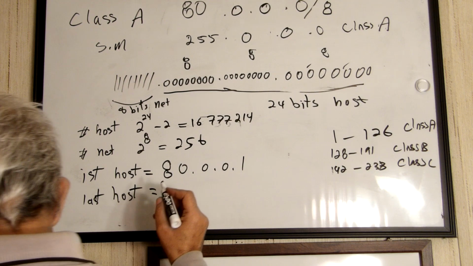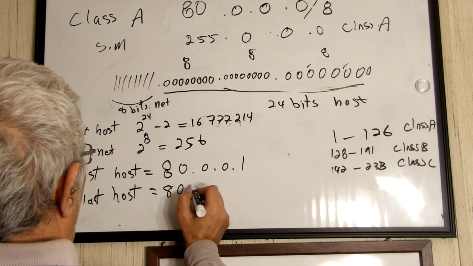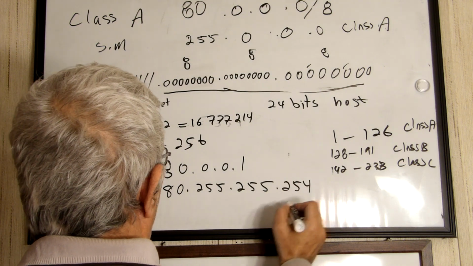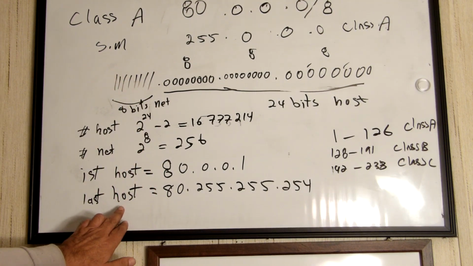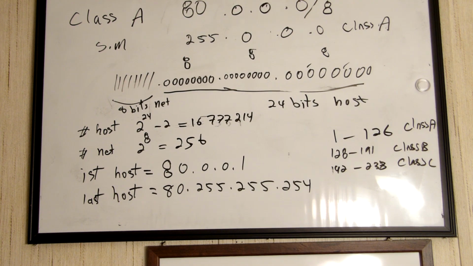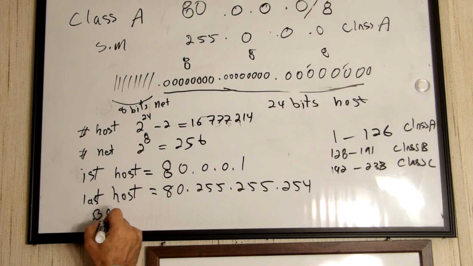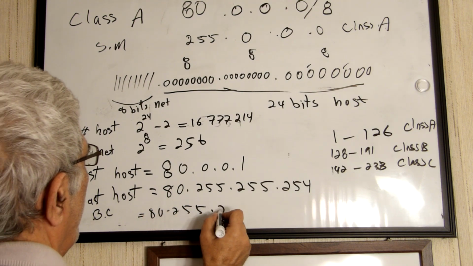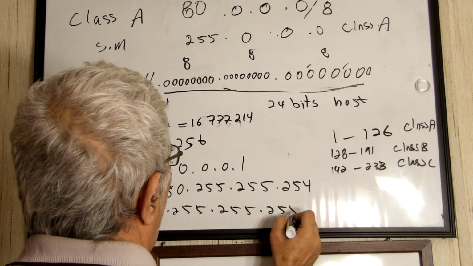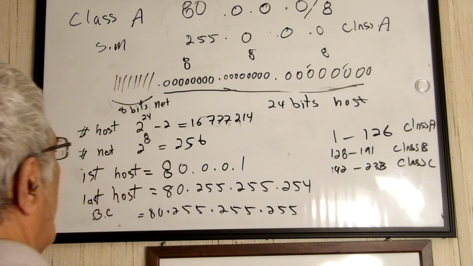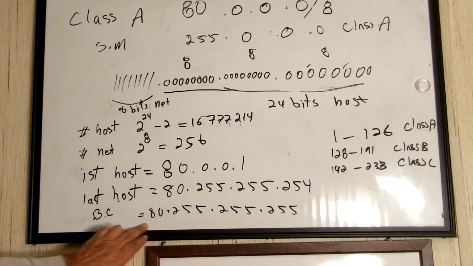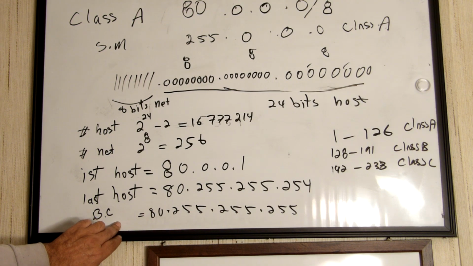It's going to be 80, 255, 255, 254. This is the last host. And for broadcast, it's going to be 80, 255, 255, 255.